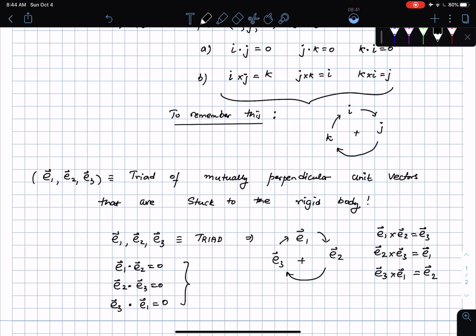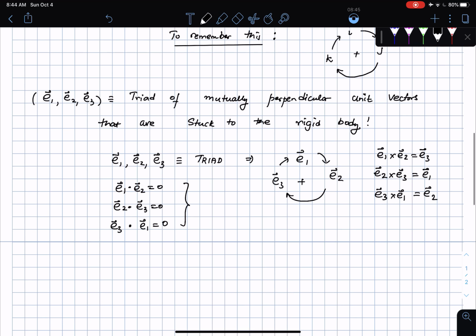So this is a triad. This is stuck to the rigid body. The important thing is this: the angular velocity of the body is going to be the same as the angular velocity of the triad.